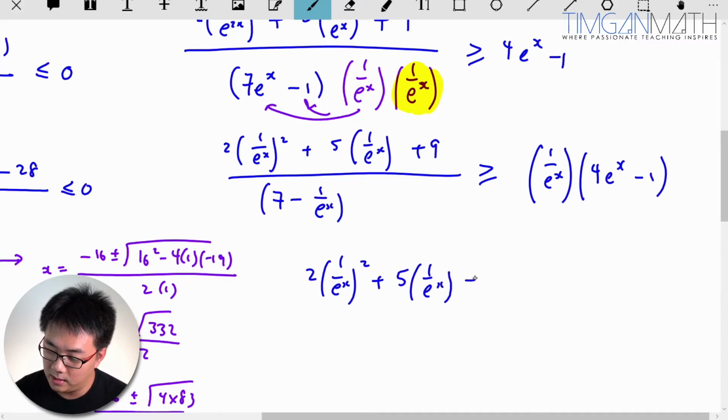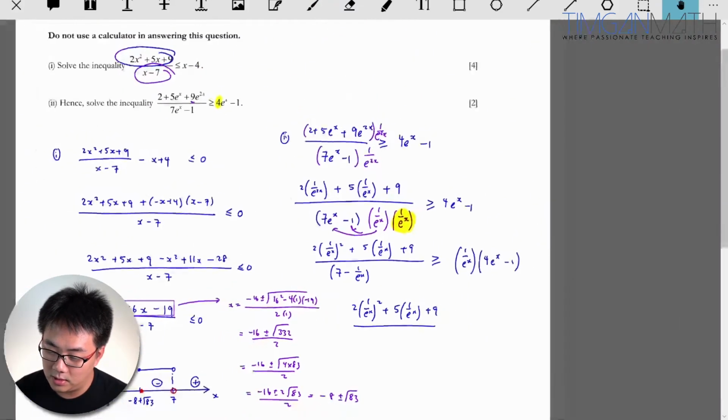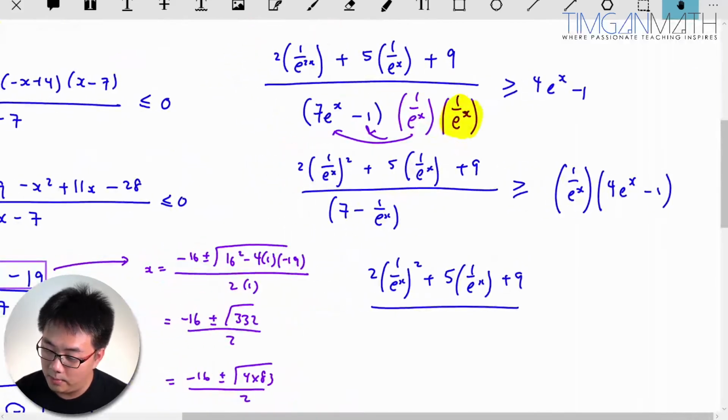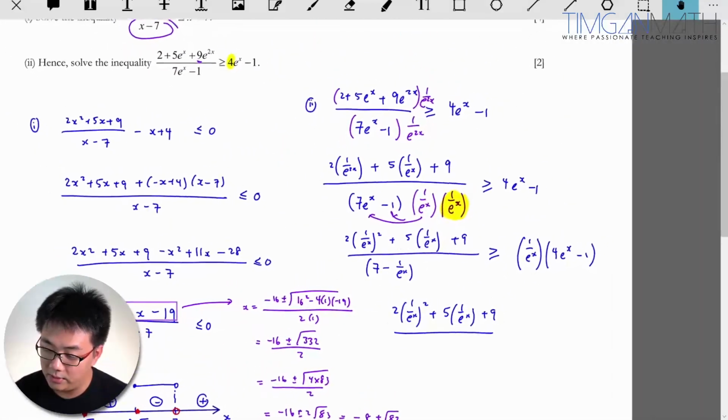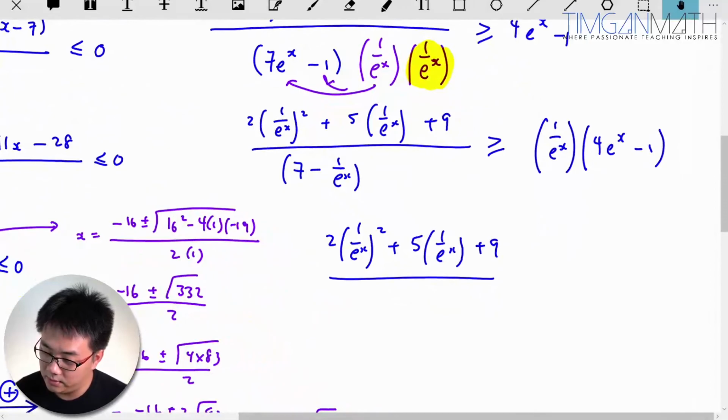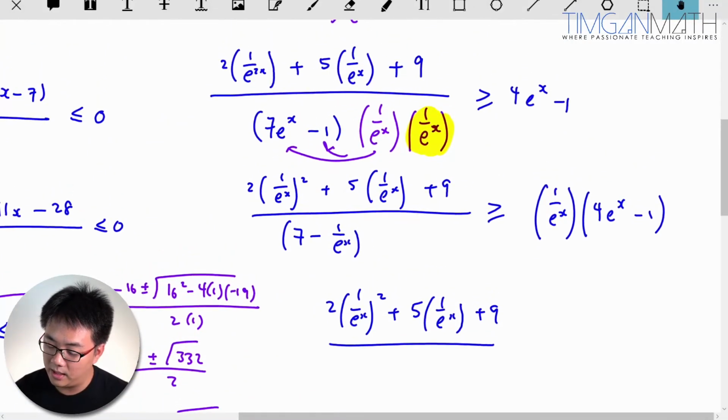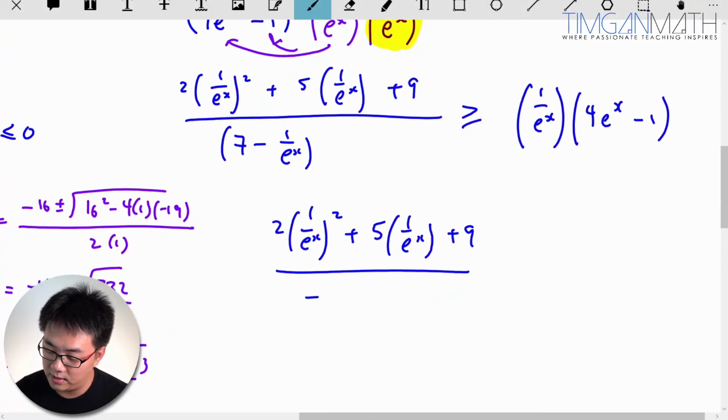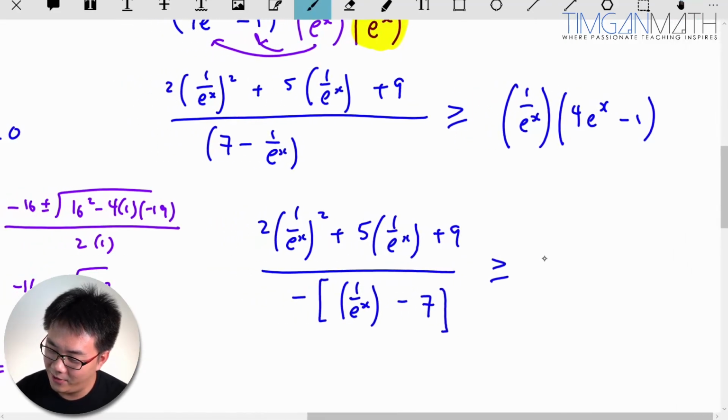So this part here, we're going to get... oh my goodness, did I do it correctly? 7, yes, so 7. Oh, so I need a negative sign. Okay, never mind, I'm just going to factorize this out. This is 4 minus 1 over e^x.